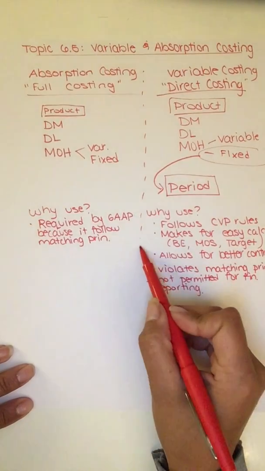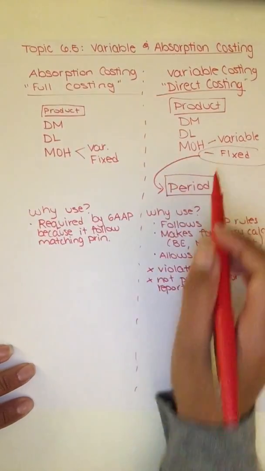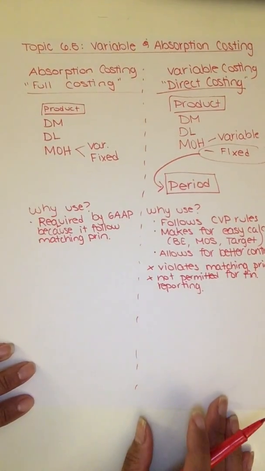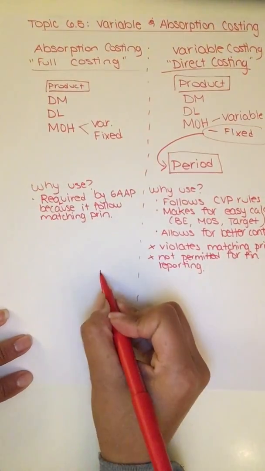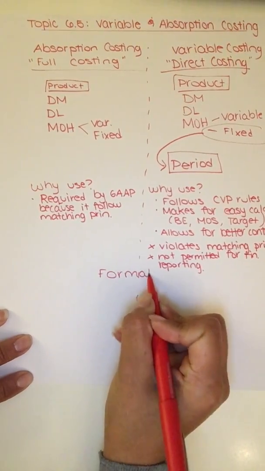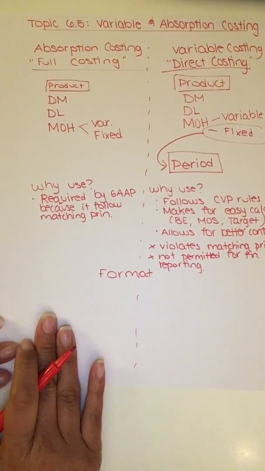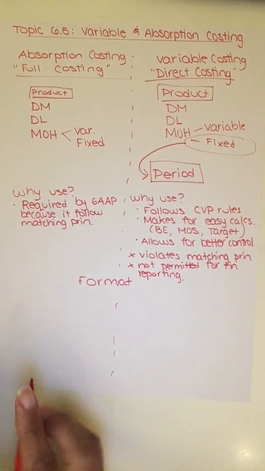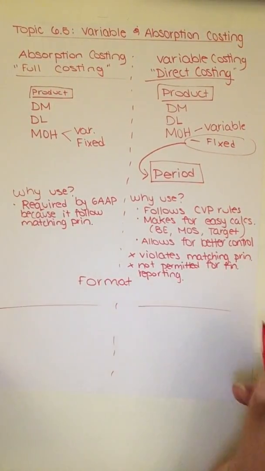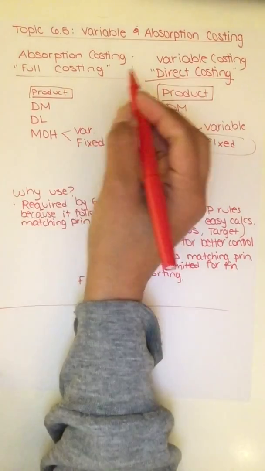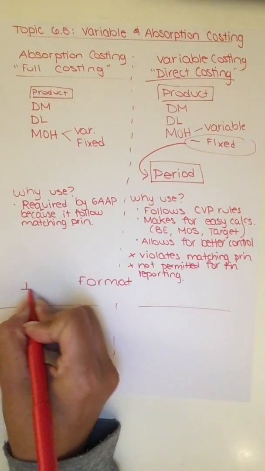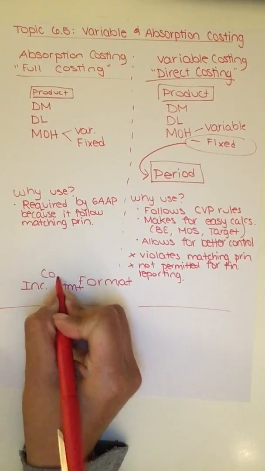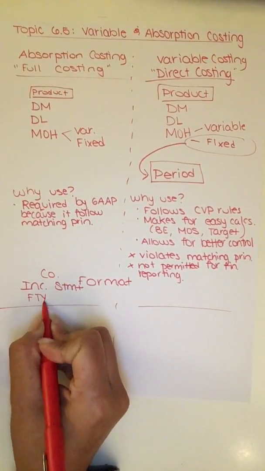All right, so now we know how the two systems differ and why a company would use one method over another. Let's talk about format. What's the format we can expect to see if a company is using absorption costing? So if a company is using absorption costing, you're going to expect to see your three-line header. This is going to be for the income statement presentation. Company name, income statement, for the year ended.